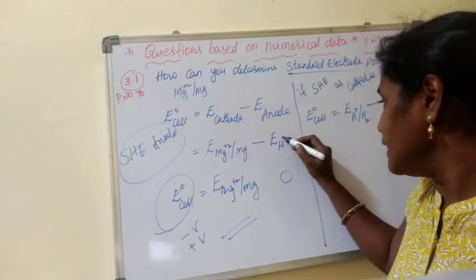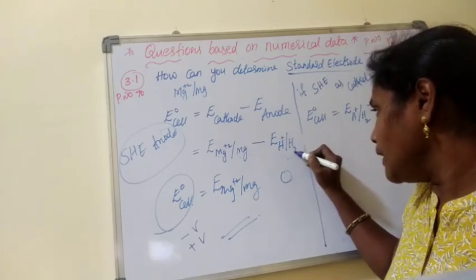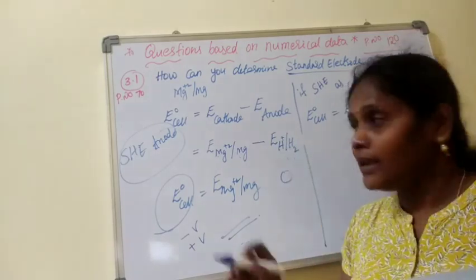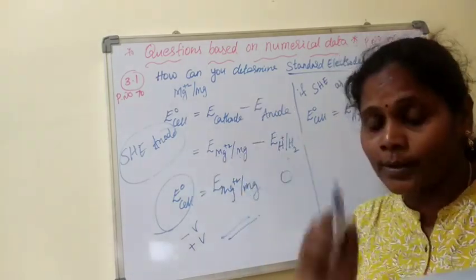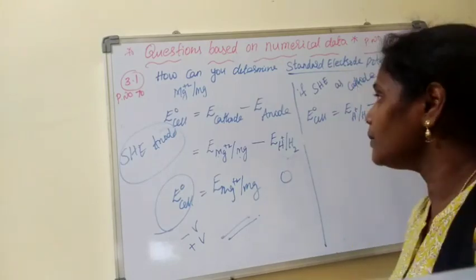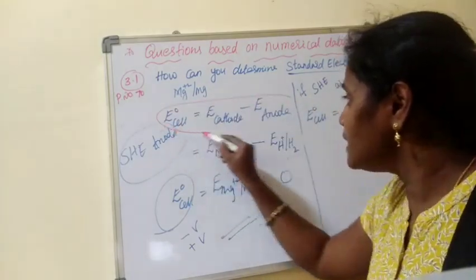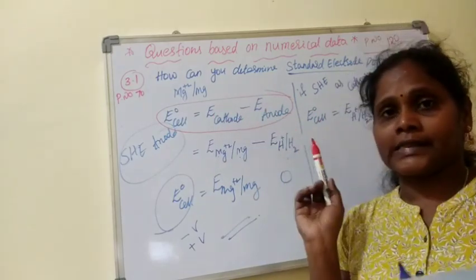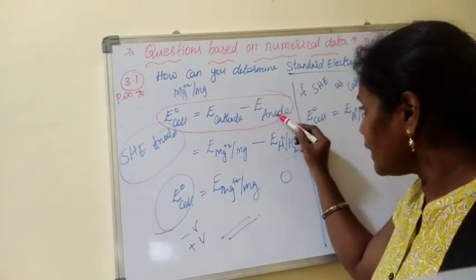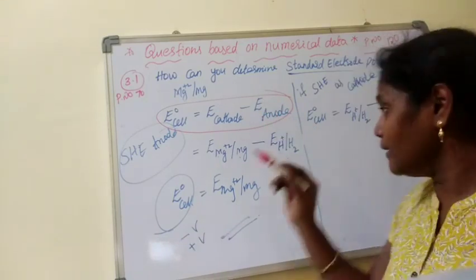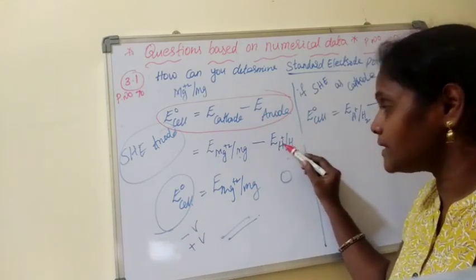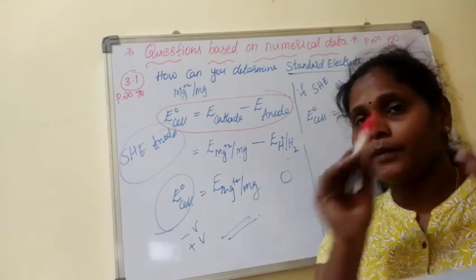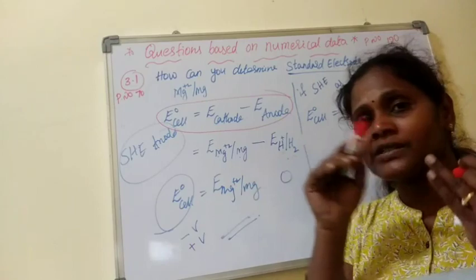But actually I should write reduction only, right? Always I have to write reduction, because in this equation, please remember, don't get confused. Many people will get confused here. This E0 cell means these two are reduction potentials. Therefore, even though oxidation is happening at the anode, I have to write the reduction symbol. In the galvanic cell equation, we will write it correctly. H plus to H2 means it's reduction.